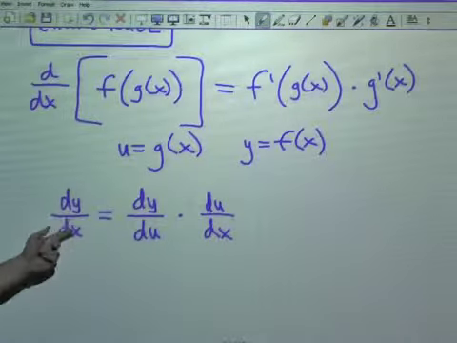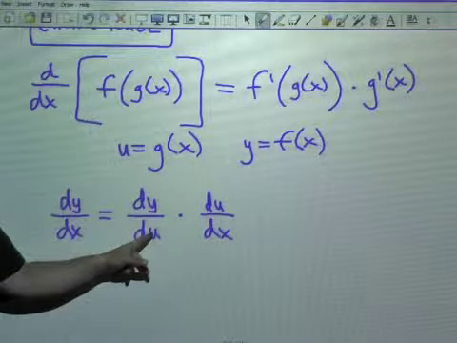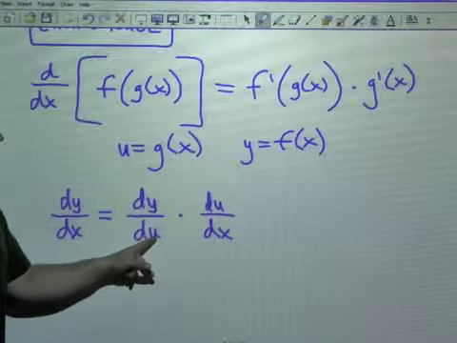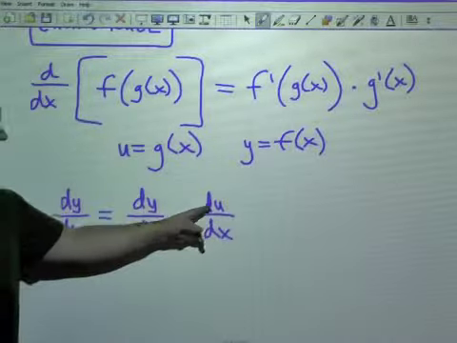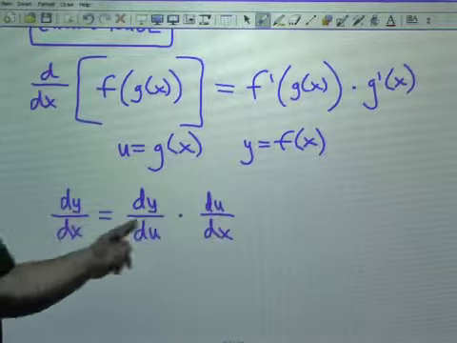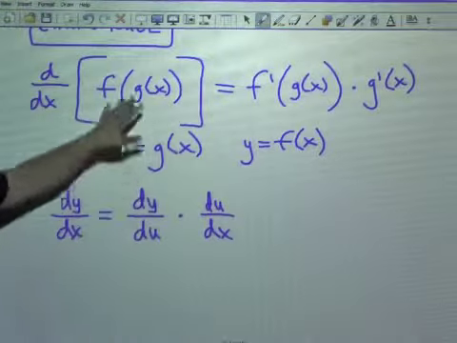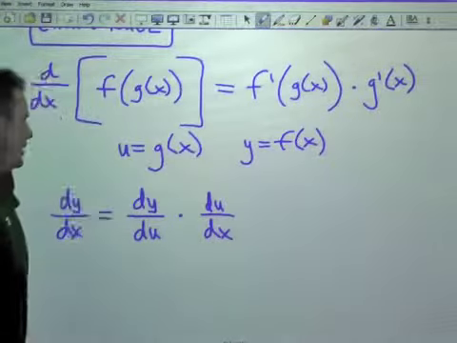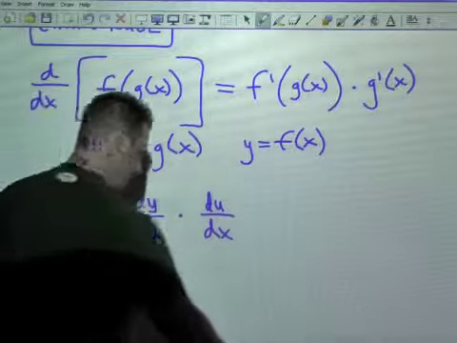So to find dy/dx, which is the derivative, we take the derivative of y with respect to u, the inside function, times the derivative of u with respect to x. It's a funky form, but it means the exact same thing. I like this one the best. But basically, you just have to understand this procedure, not so much memorize the formula.